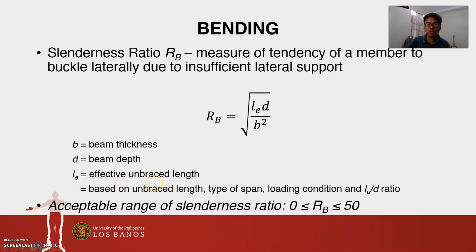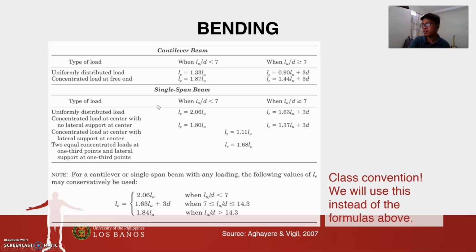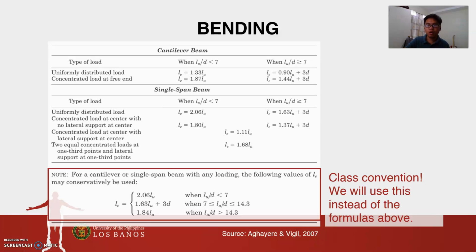In the previous video, we just discussed unbraced length. So, how do we define that? There is a table here for different loading configurations, for cantilever beam, and then for single span beam. But for 133, we will just use this one, so that calculations would be simpler.